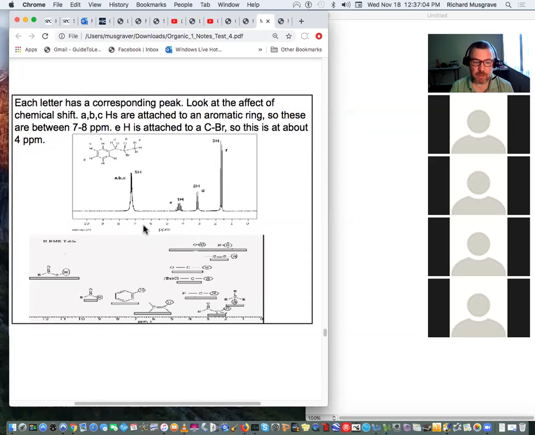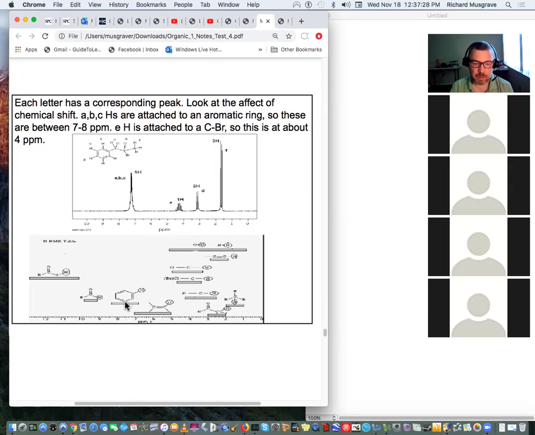But you can see what I've tried to do here with this spectrum is overlay it with the correlation chart. So you see the 10 corresponds to the 10 and the 0 pretty much corresponds to the 0 down here. I know it's not quite, but near enough anyway. The point is that I know that this peak here that I'm circling with my cursor is going to be the aromatic hydrogens.